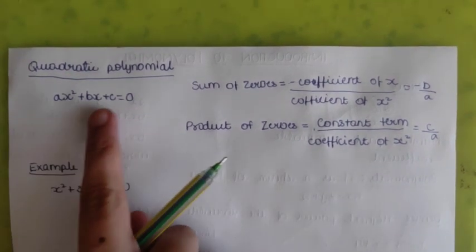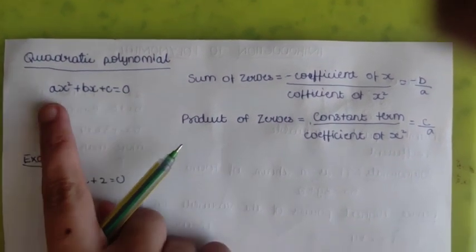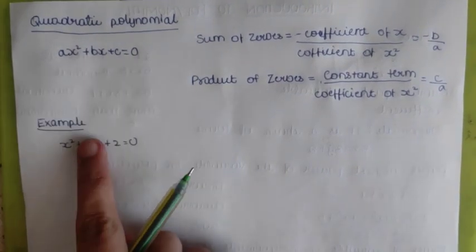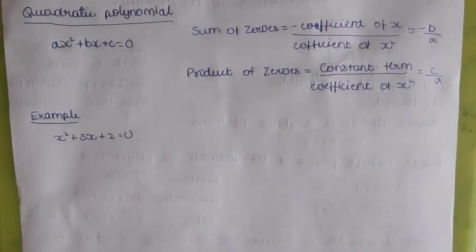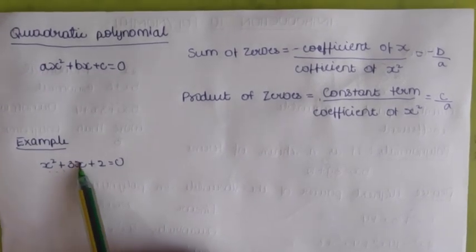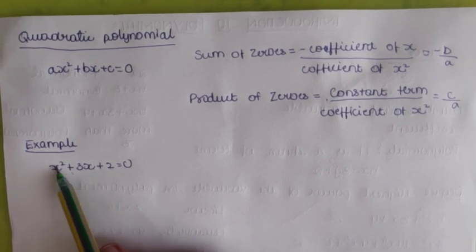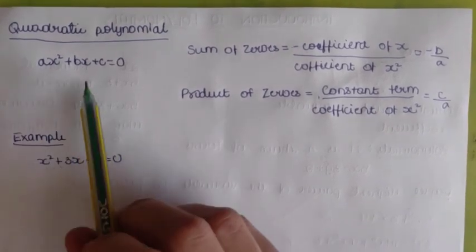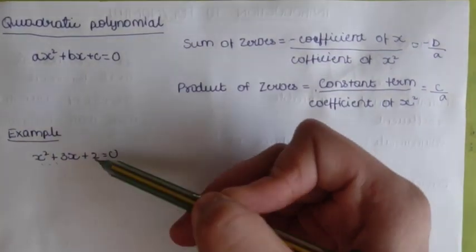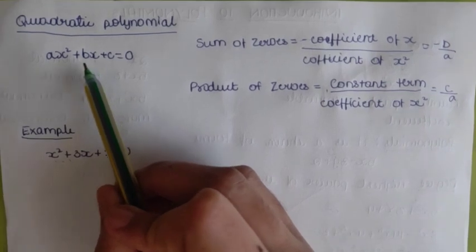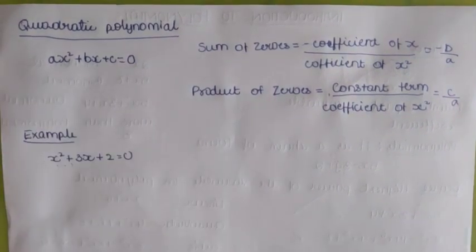The general form of a quadratic polynomial is ax square plus bx plus c is equal to 0. Here you can see that we have x and also x, so in this we get 2 zeros. Here we have 1x and again x, so we will have 2 zeros.